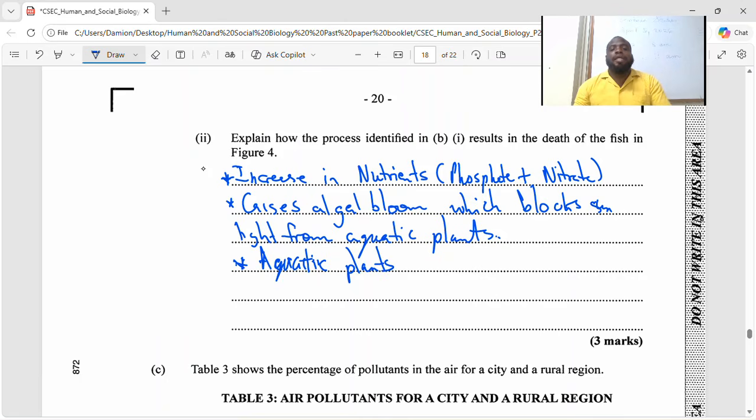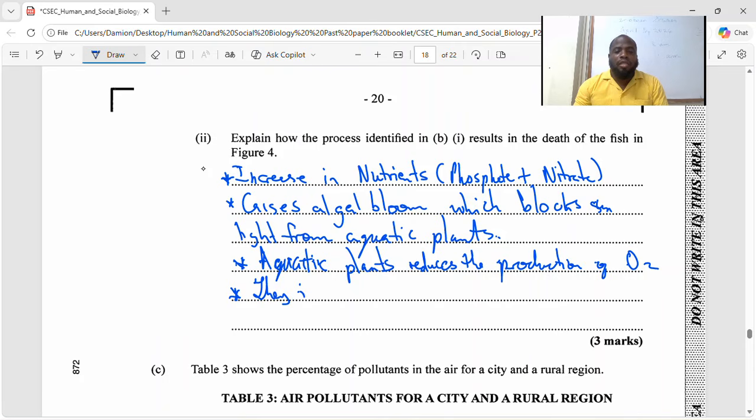So aquatic plants reduces the production of oxygen.